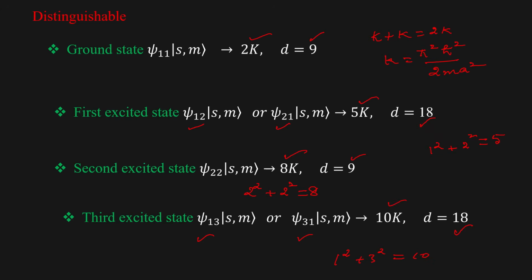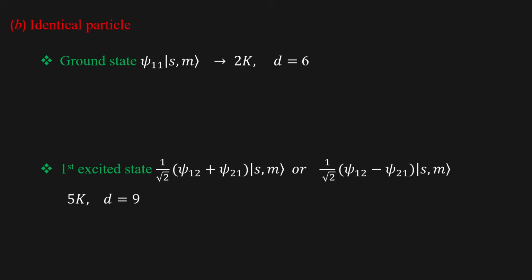Then we will move on to identical particles. Now we will see for identical particles, which is a very interesting one. You can see the ground state is psi 1 1 χ_sm. You remember that here we are dealing with spin 1 particles, spin 1.